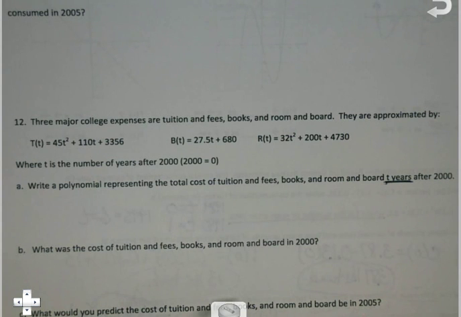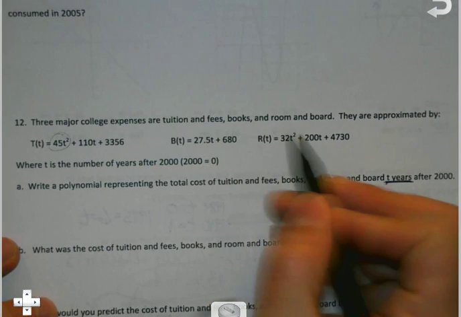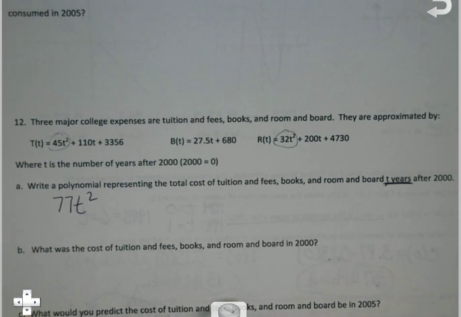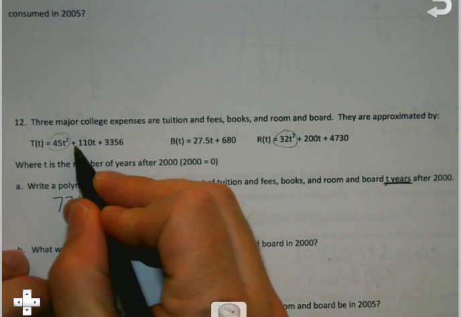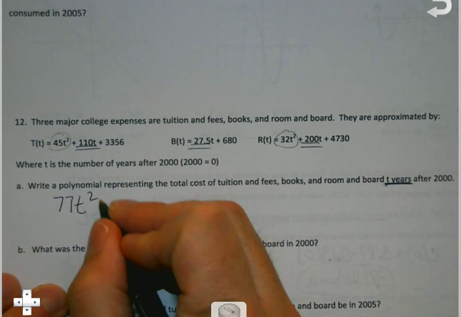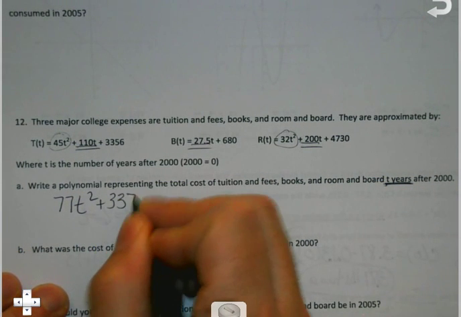So I'm going to go back into my problem. I'm going to say, okay, where's my biggest exponent? Here it is. So I'm going to take my t squareds and put them together. I'm going to take my t values and put them together.